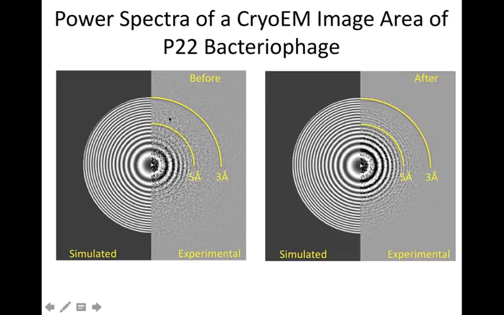As you can see, if we only sum all the image frames without careful computational realignment, some of the high resolution information is lost. But the pattern on the right represents the particle images that have been realigned in such a way that all frames are in register for each of the particles.